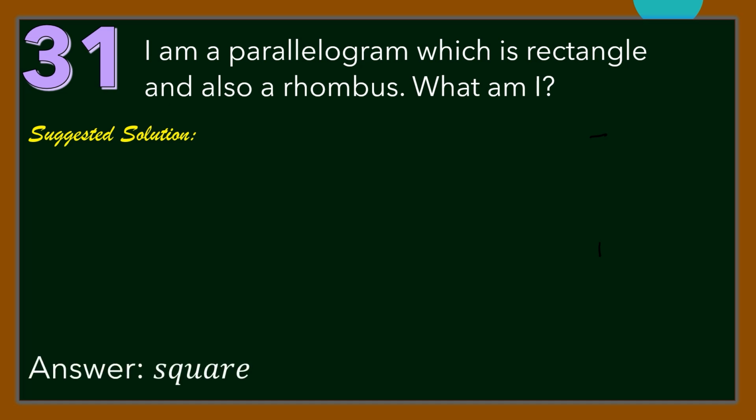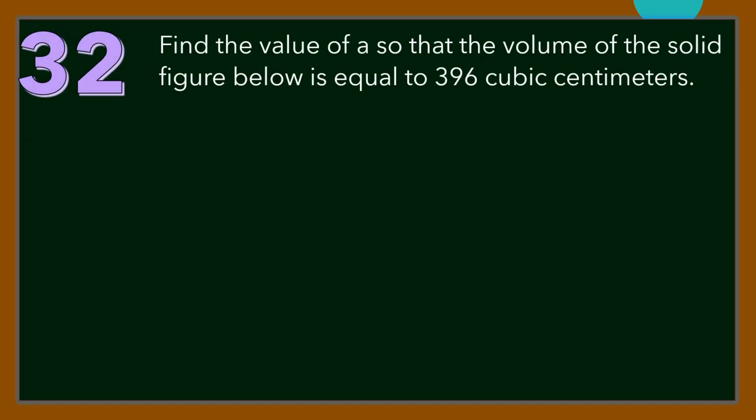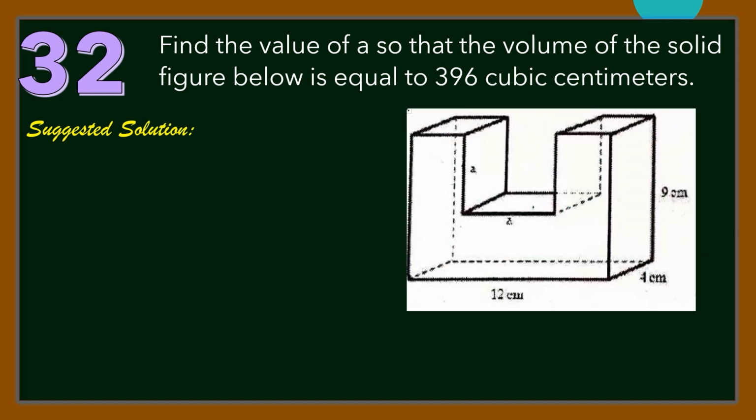Number 32. Find the value of A so that the volume of the solid figure below is equal to 396 cubic centimeters. Here is our suggested solution. To find the volume of the solid figure, we must get the volume using length 12, width 4, and height 9.